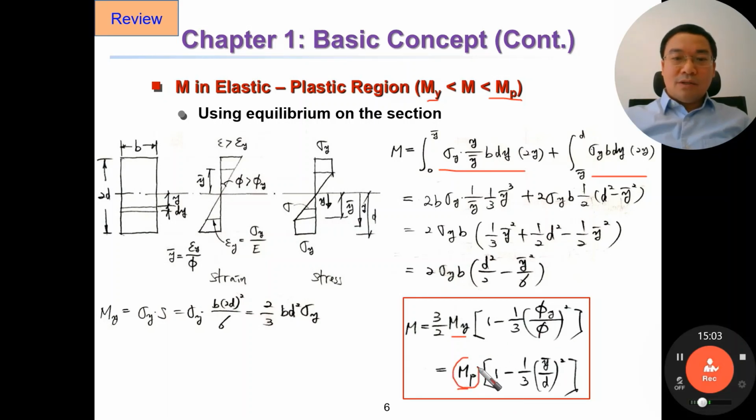So M is a function of MP and Y applied. So we can use this equation. In another case, you have to determine M as a function of MP and Y applied.